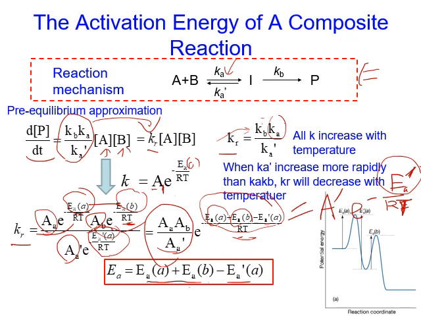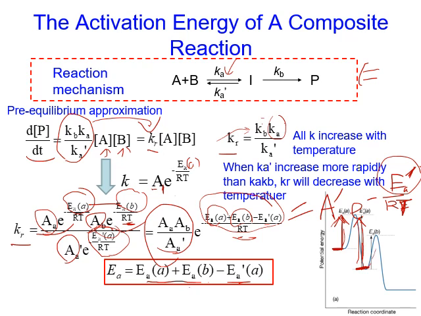Now in this energy diagram, you have two steps. This is the reactants, this is the intermediate I. This is the first forward reaction activation energy, and this is the reverse reaction activation energy.